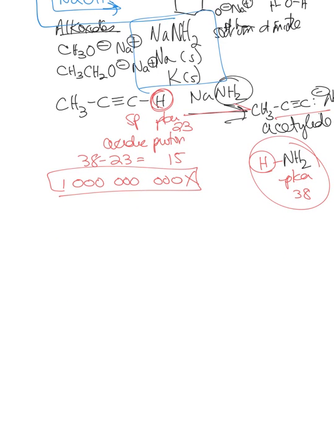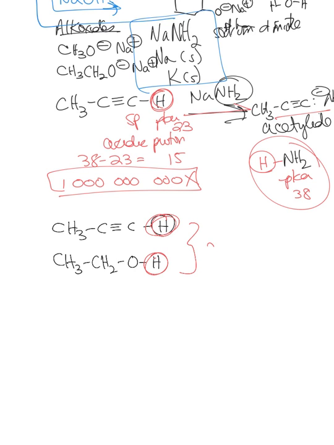The other acidic protons: we've said that a terminal alkyne has an acidic proton, and we've said that alcohols have acidic protons. But these have to have strong bases. We'll call them strong bases. Strong bases are like sodium metal, potassium metal, or sodium amide. Those are strong bases. We've also talked about phenols.